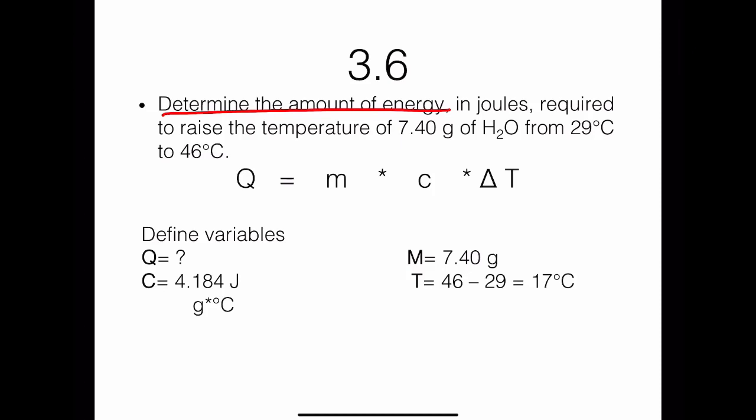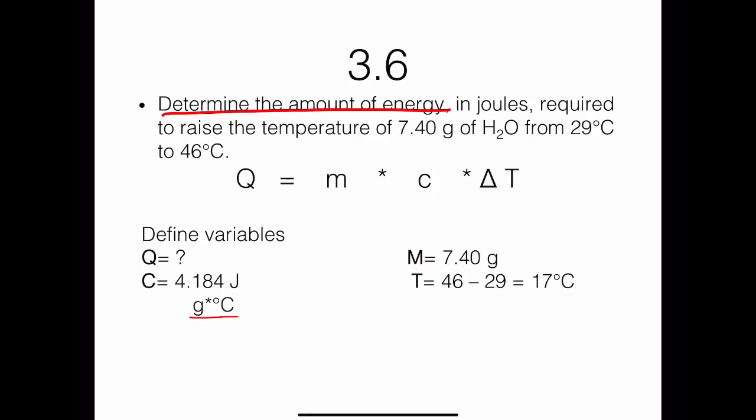We know M is 7.40 grams as given in the problem. C, we know the units, but we also know the number because here we're talking about water. So we know in the definition of calorie, we're talking about the energy required to raise 1 gram of water by 1 degree Celsius, and that's exactly what we see right here.